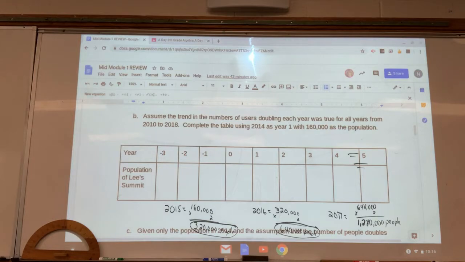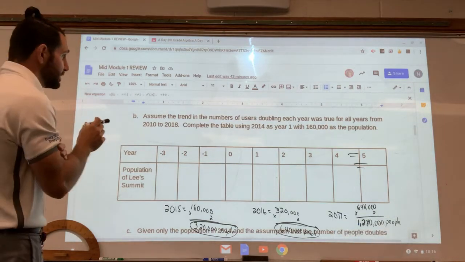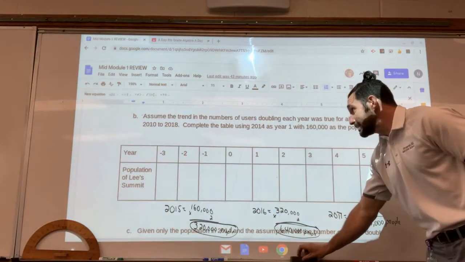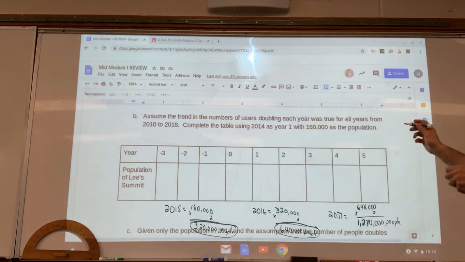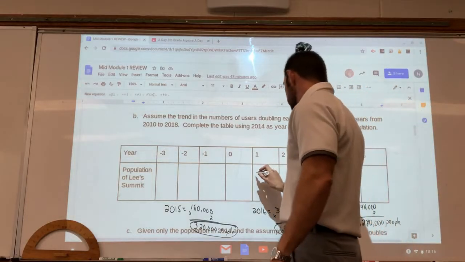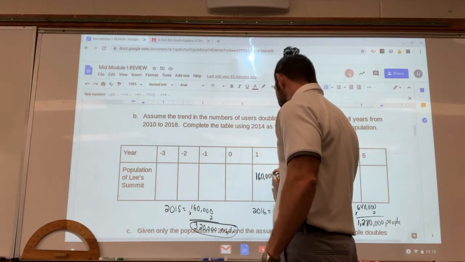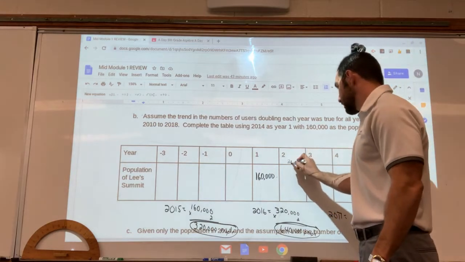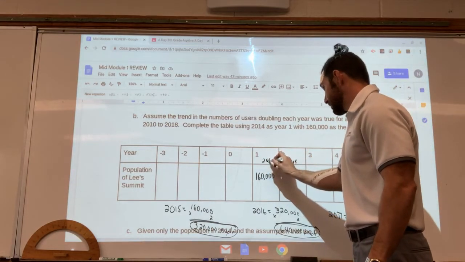Assume the trend in numbers of users doubling each year was true for all years from 2010 to 2018. Complete the table using year 2014 as year 1 with 160,000 people as the population. So here's year 1, and this was 160,000 people. Well, year 2 is really 2015, and I would write that.